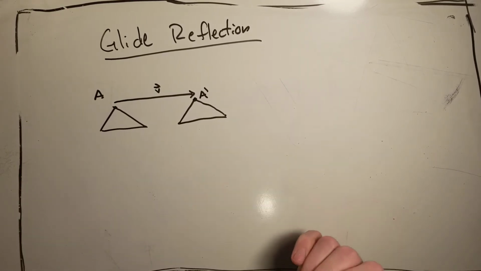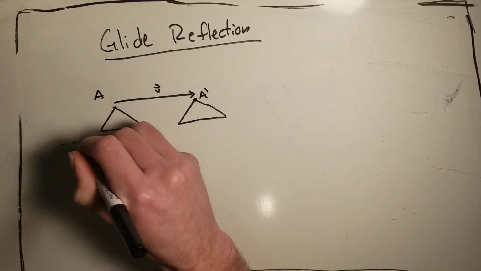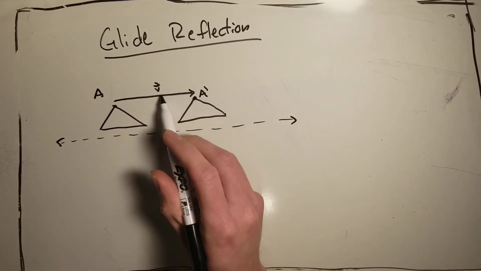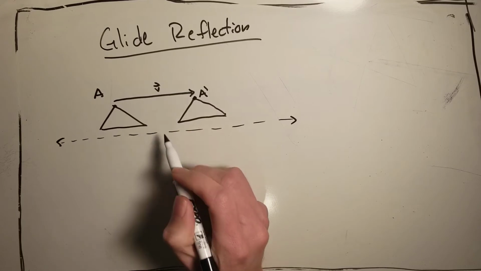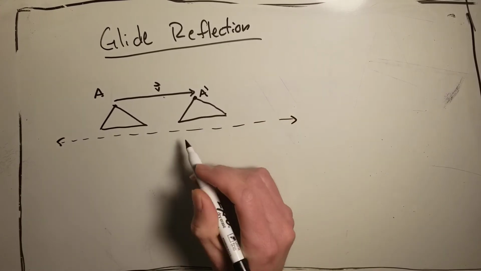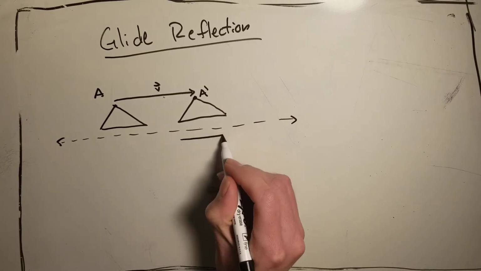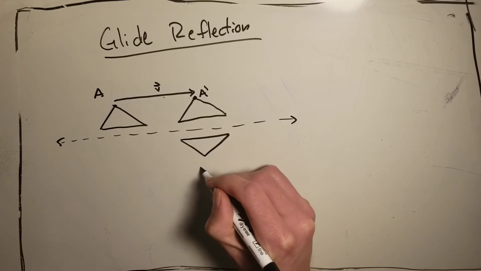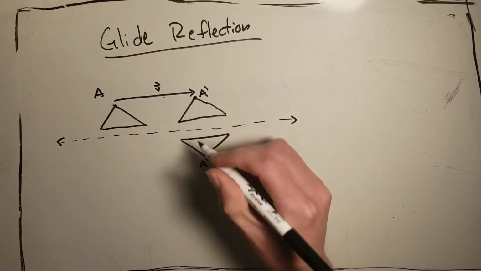And we are going to then follow this with a reflection, over a line that is parallel to the translation vector. So we'll say this line is parallel to vector V, and we're going to reflect over, and we end up right down here. And your A double prime would be here.